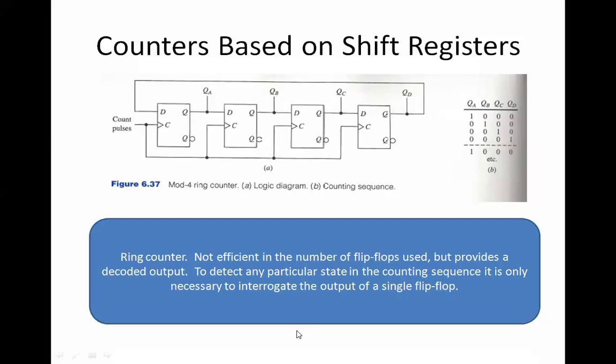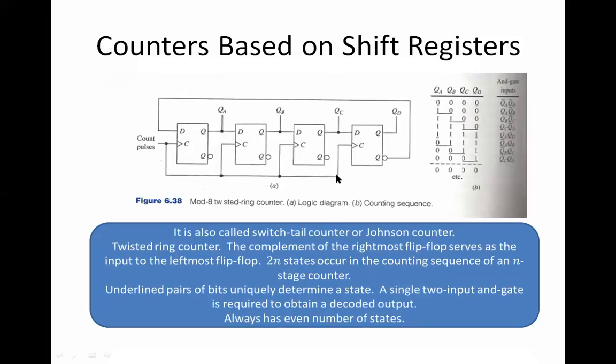Yes, sir. Fine. So the next application that we'll be looking into is the twisted ring counter. So the only difference here is, can someone tell me what is the only difference here? Same D flip-flops, same common clocks, ABCD is there.